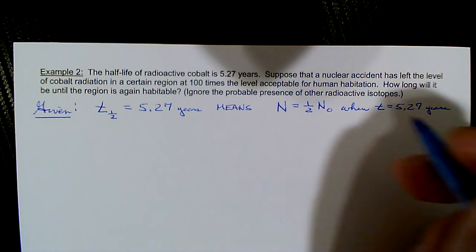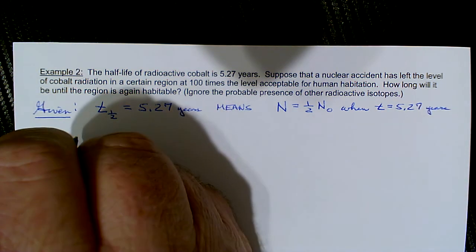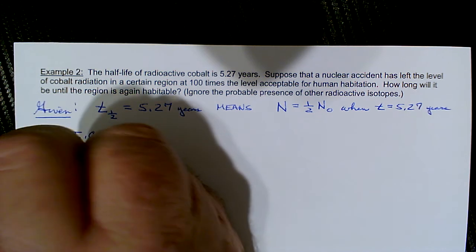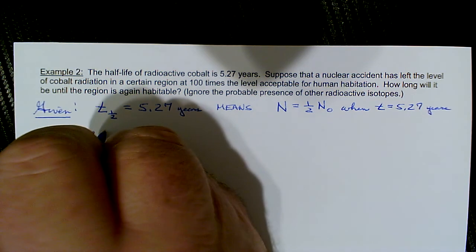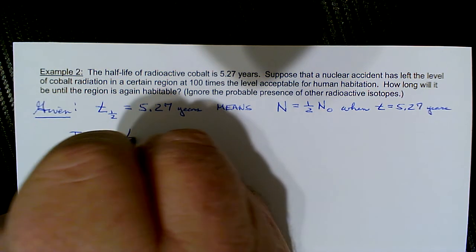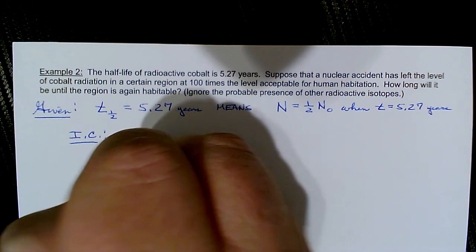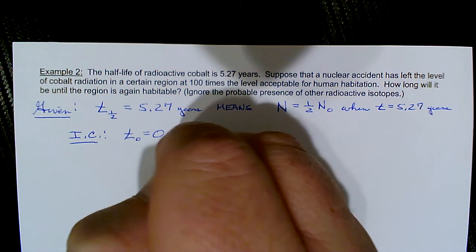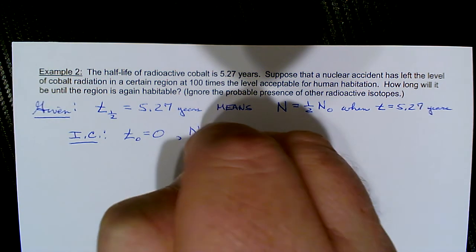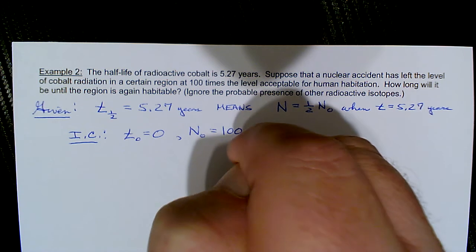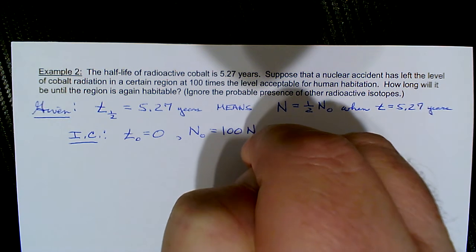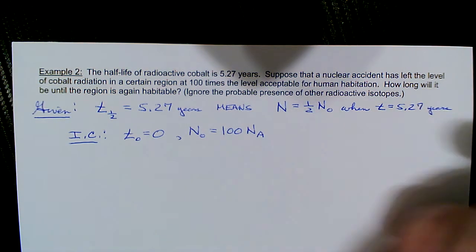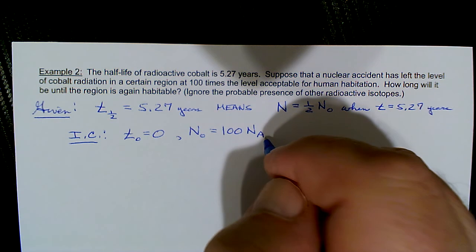So we're given, in terms of the initial conditions, let me state them this way. There's many ways you could do it. Let me say that t sub 0 is 0, and the original amount is 100 times the acceptable amount. We have to state that because we don't know what the acceptable amount is.